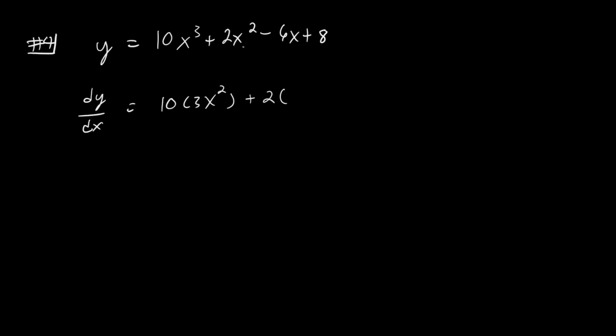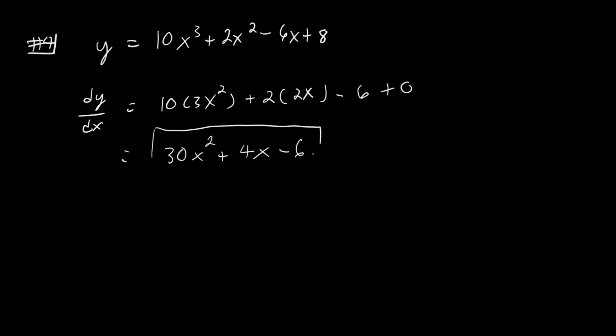Then the derivative of x squared is just 2x, minus the derivative of 6x is just 6. Then the derivative of a constant is 0. Then 10 multiplied by 3 is 30. Then copy the x squared plus 2 times 2x is 4x minus 6. This is our final answer.